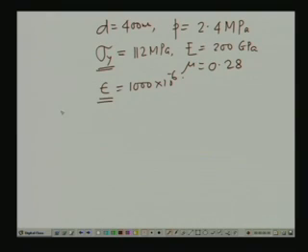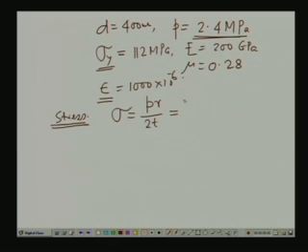So, let us look first at stress. The maximum stress that can be generated in a spherical vessel, sigma, is equal to P r by 2 T. This we have seen, and here P is given as 2.4 MPa.